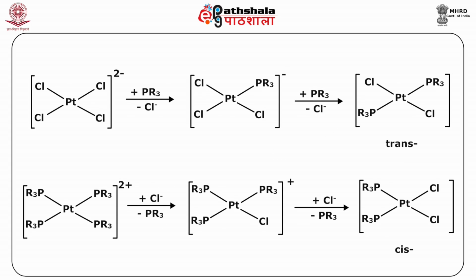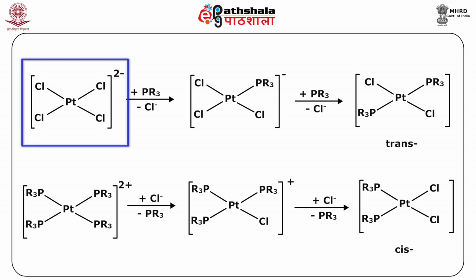Here in this system, whether it is cis or trans, there are 2 chloride ligands and 2 substituted phosphine ligands. So we have to compare between these two, which is having greater trans directing power. So PR3 is greater than Cl minus.